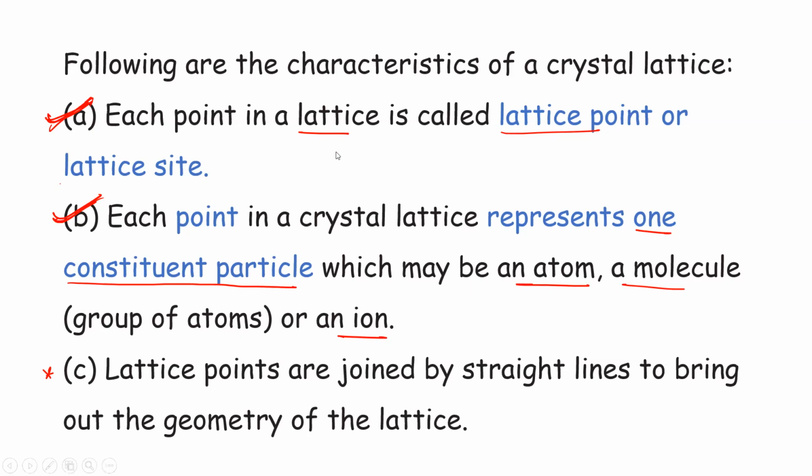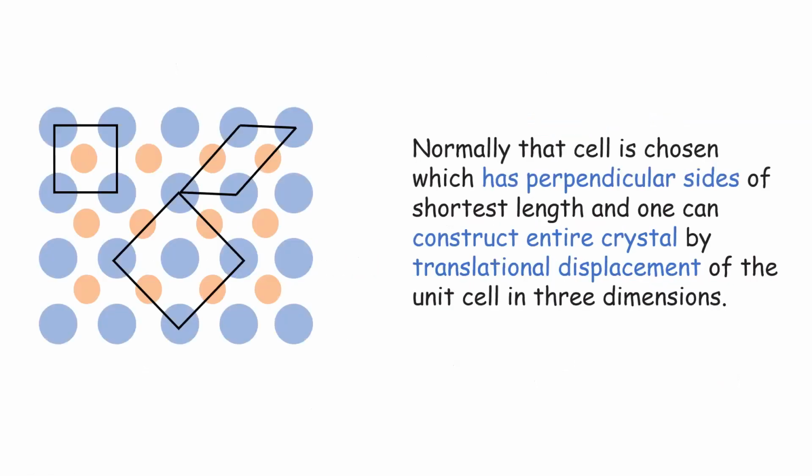Okay. Fine. Now this is some detail on how to make a unit cell. The word you have to listen to is chosen. Normally the cell is chosen. Chosen means you have options. When I said there can be multiple unit cells, that is true. Even NCERT uses this word, chosen.